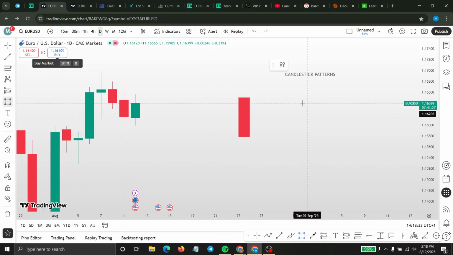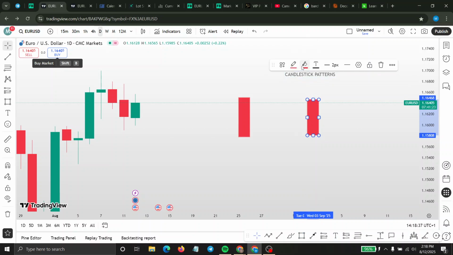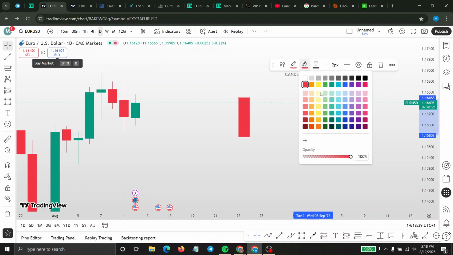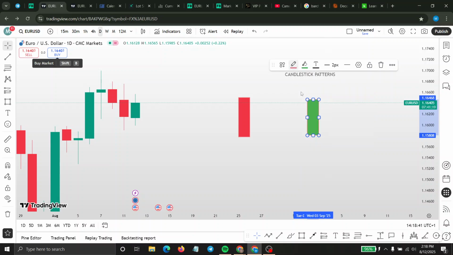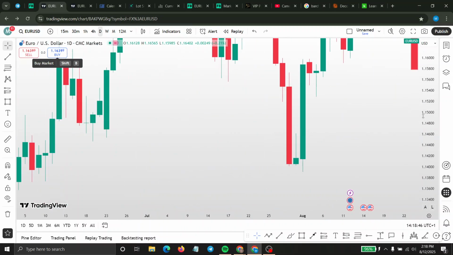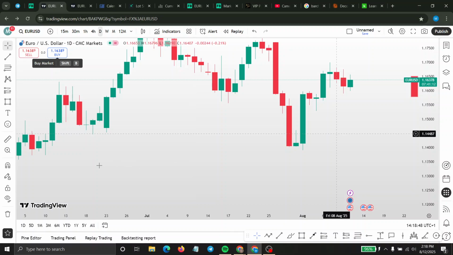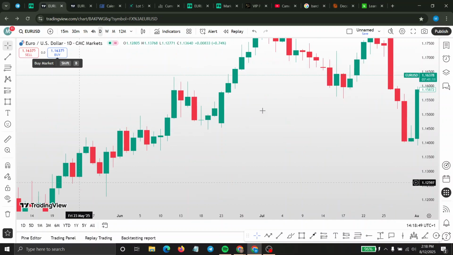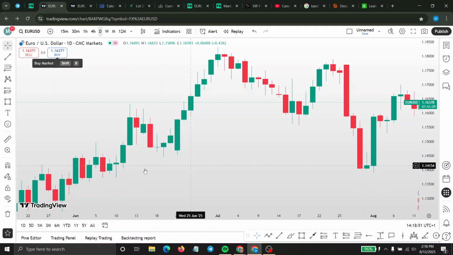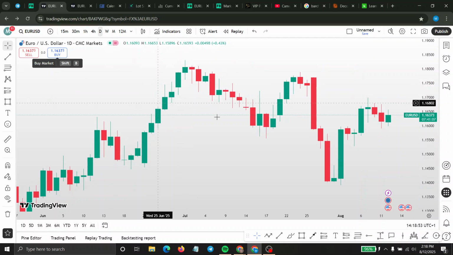If we see a bullish candle, it simply means people are buying that particular market. For us to see a series of bullish candles moving up, it shows that a lot of people are buying this asset. That's why it is going up.